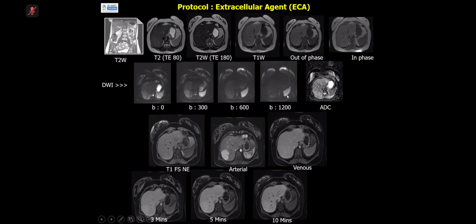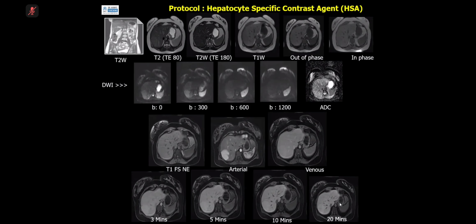The highest B value which we are using is B 1200. Other departments might be using another highest B value. And then we use an auto injector. We do a pre-contrast fat saturated T1, then an auto injector arterial phase, venous phase, 3-minute delay, 5-minute delay, 10-minute delay. This is our protocol with normal gadolinium.